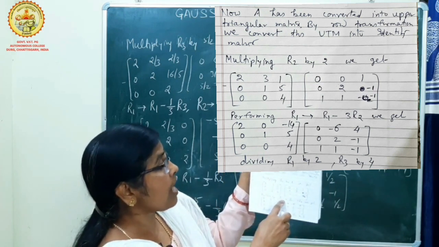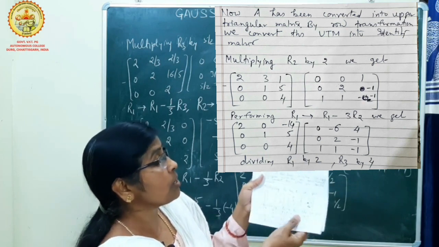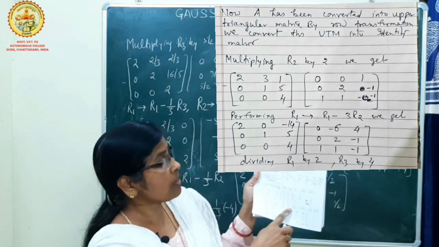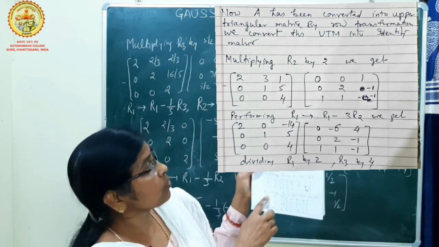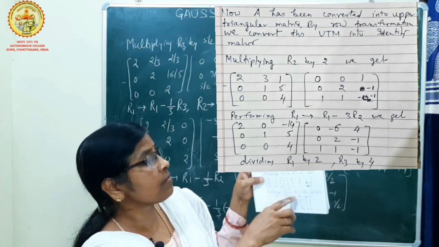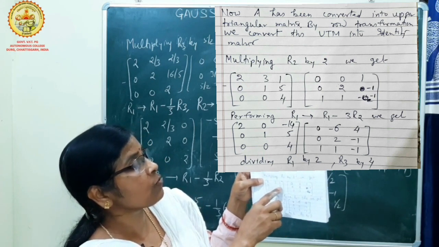Now performing R1 equal to R1 minus 3 R2, meaning we change only the first row. R1 is 2, 3, 1, and we change it to R1 minus 3 R2. R2 is 0, 1 and 5.